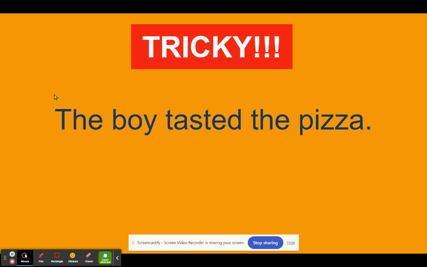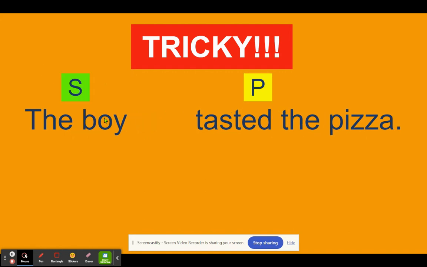These can get tricky because sometimes we have verbs that can be either an action verb or a linking verb, and it's the way we use them that tells us the difference. So in this case, we have a sentence that says, the boy tasted the pizza. I want you to figure out if the boy is doing an action or if the verb tasted is functioning as a linking verb. We'll split it apart into the subject and the predicate.